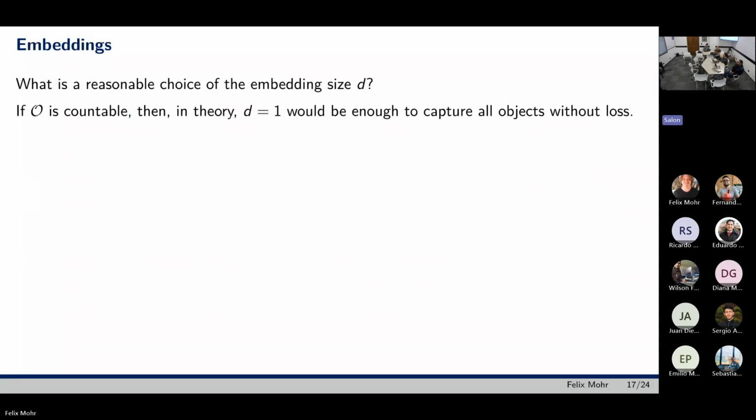One interesting thing is that if my set of objects is countable, that is maybe it's finite, I have a finite number of categories, or it's infinite, but I can still count it. So, for example, the set of natural numbers is infinite, but it's countable. For any number, I can give an algorithm that will enumerate it after a finite number of steps.